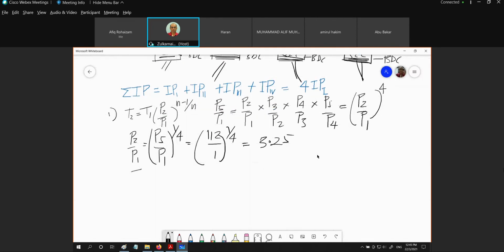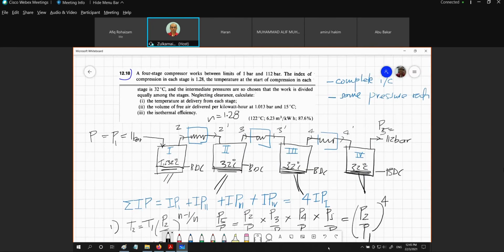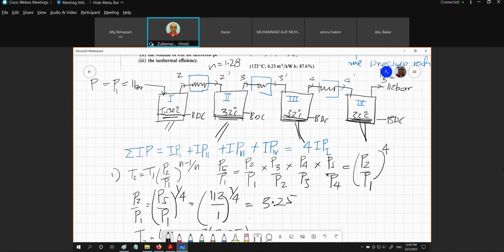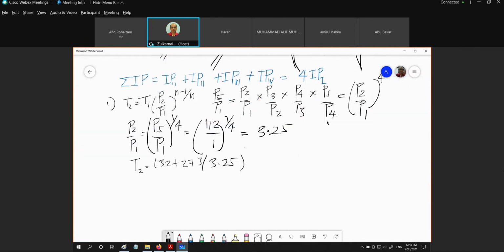Okay, so what is our T2? T2 is equal to T1, which is 32 plus 273, multiplied by 3.25 to the power of, what is the index? 1.28, 0.28 divided by 1.28. So what is the temperature?